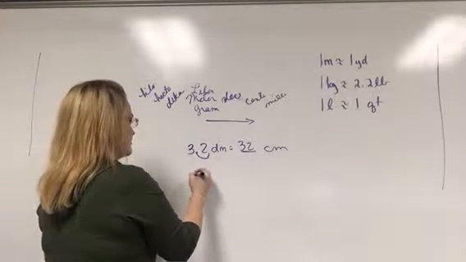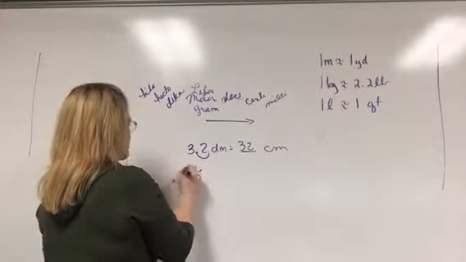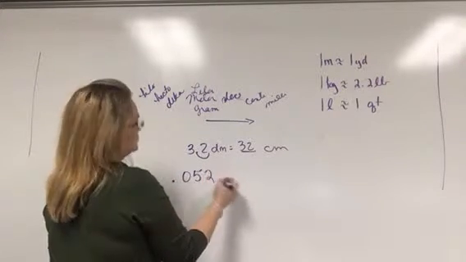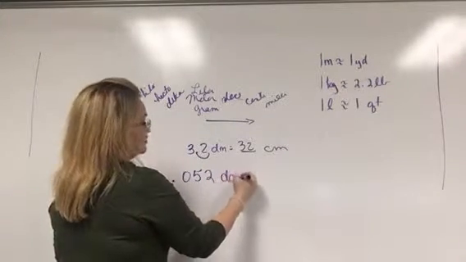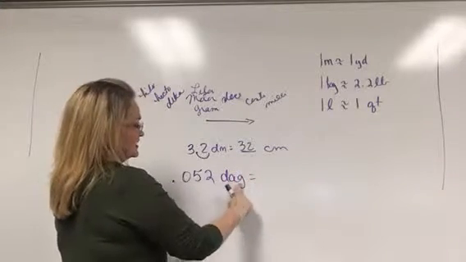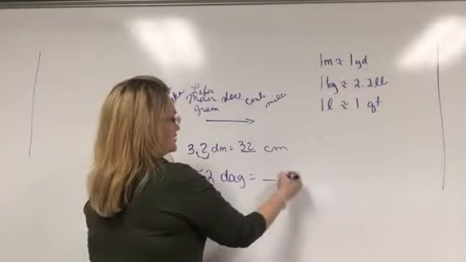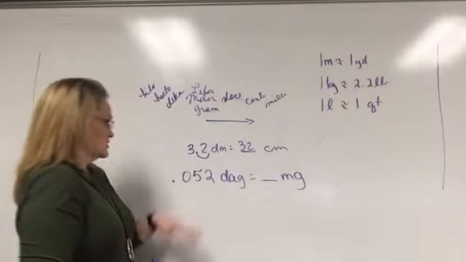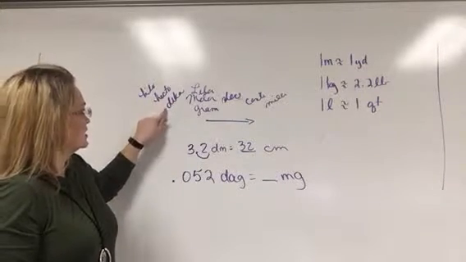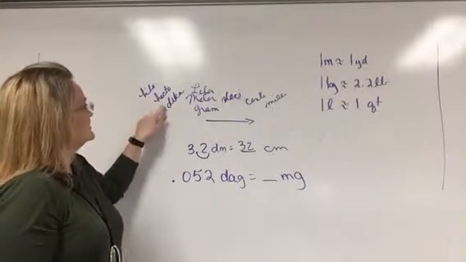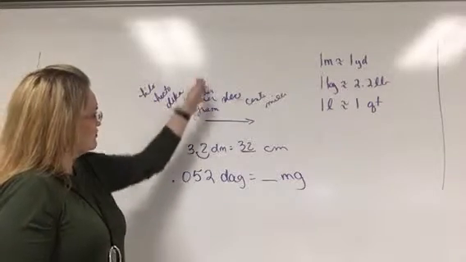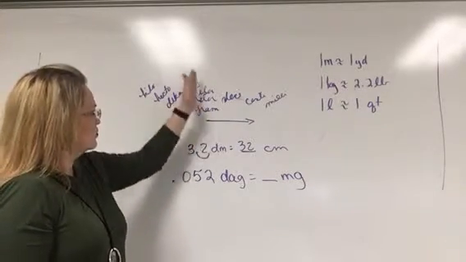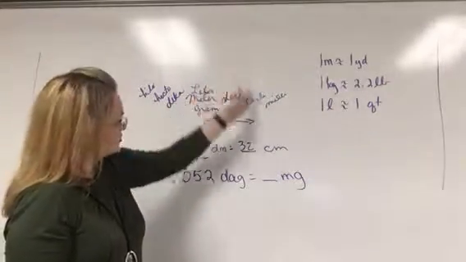Let's say we have 0.052, and we have decagrams. The dag would be decagrams, and we want to move that to milligrams. So from deca, that's up here or to the left. Deca, that's one move. The basic unit counts as a move. 1, 2, 3, 4.